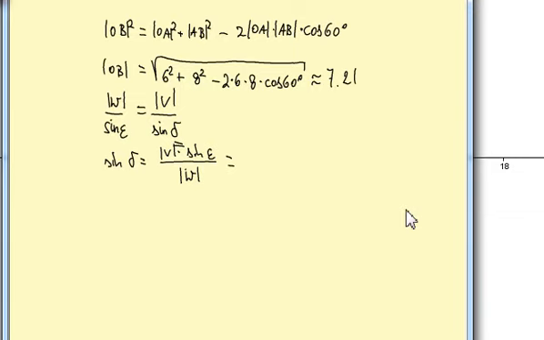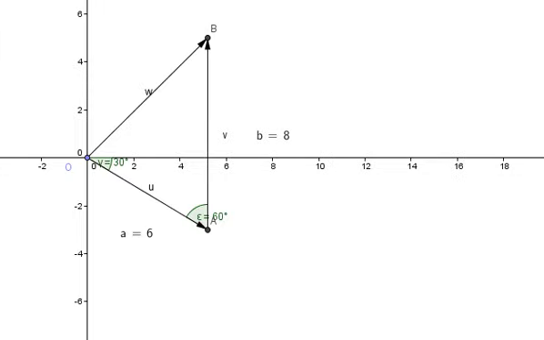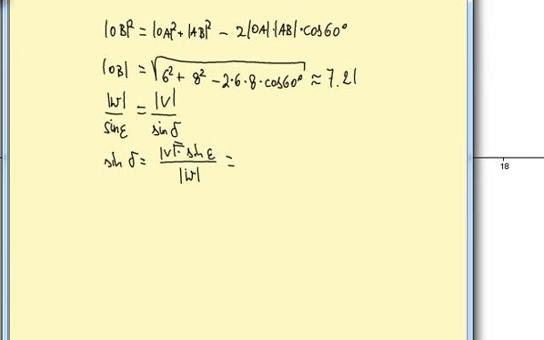V is, I believe, 8, yes, V is 8. Sine epsilon is sine 60 degrees, and we'll divide it by whatever is stored in the answer, whatever is the length of W. We cannot plug in the approximated value.